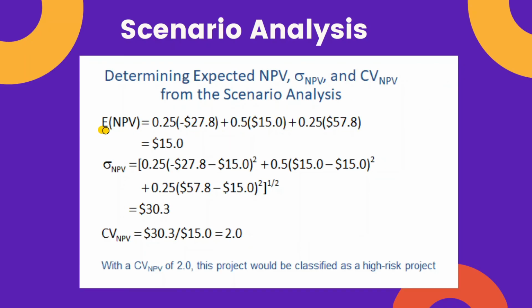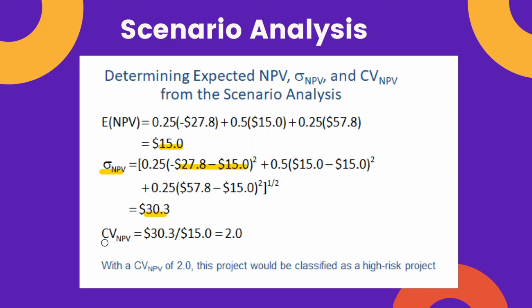The expected value, which is the expected net present value in this application, is equal to $15,000. Given the mean of 15, we can calculate deviations from the mean. This is the calculation of standard deviation. We get a standard deviation equal to 30.